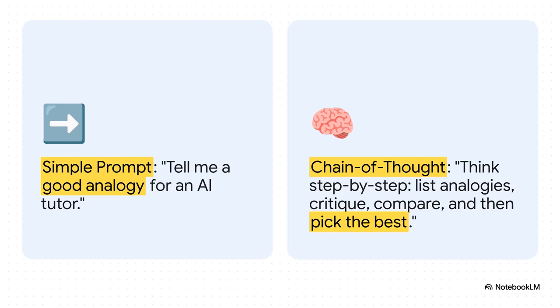But a chain of thought prompt forces a whole process. It has to list ideas, critique them, compare them in a table, and then pick the best one and explain why. You're not just asking for an answer anymore. You're guiding its entire thinking process. The quality of the output is just worlds apart.